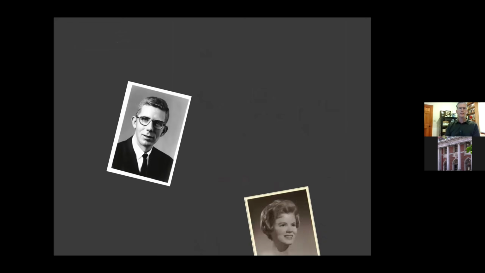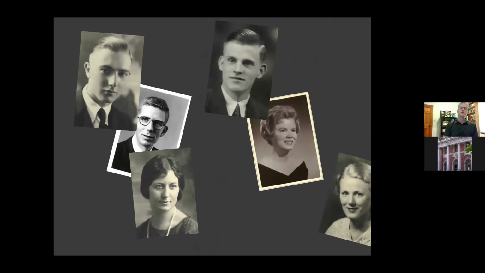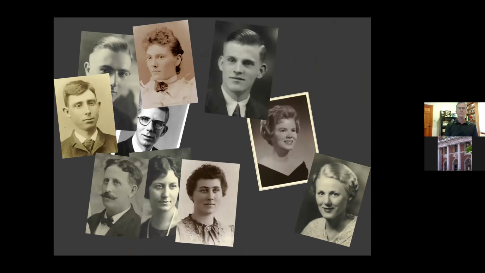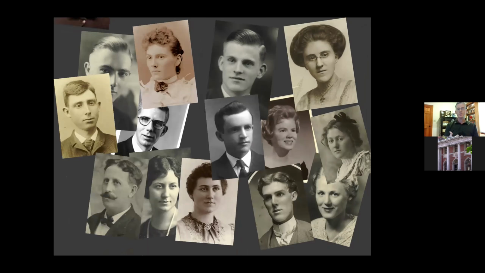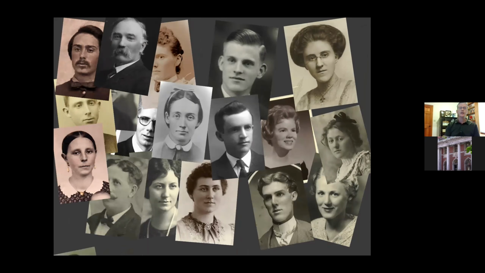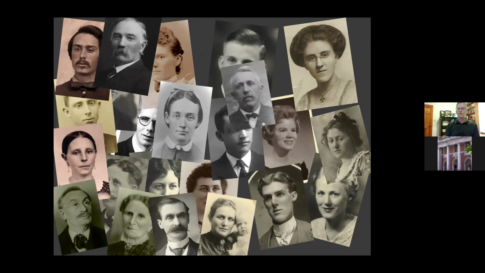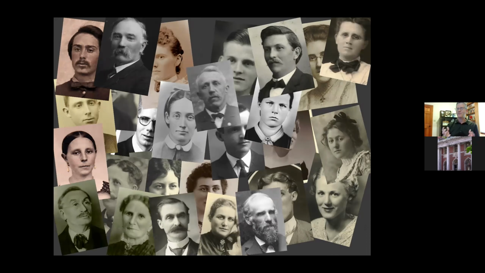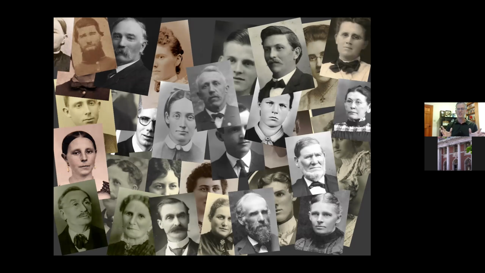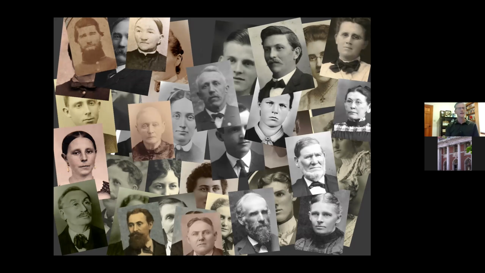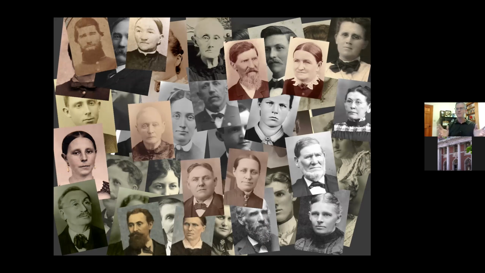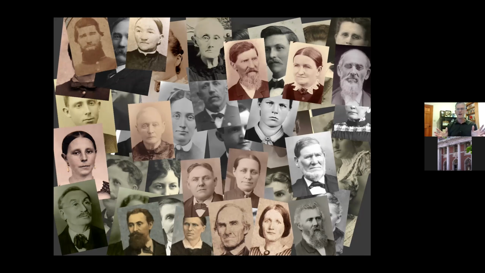So at this point, I have photos of, I believe, 55 of my ancestors. I have a number of other ones where I'm like 90% sure that it's this person, but I just can't prove it until I find that other cousin who has another copy of it.